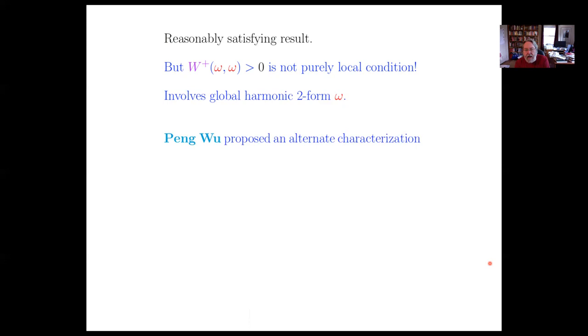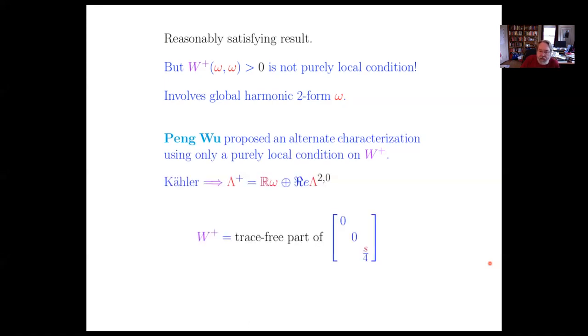A young Chinese mathematician named Peng Wu then came up with a different characterization, which I think is really a terrific insight. He uses only a purely local condition on the self-dual Weyl curvature. The self-dual Weyl curvature of a Kähler manifold, W plus, is by definition the trace-free part of the piece of the curvature tensor that maps lambda plus to lambda plus.